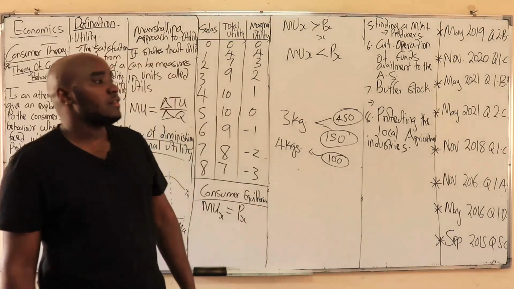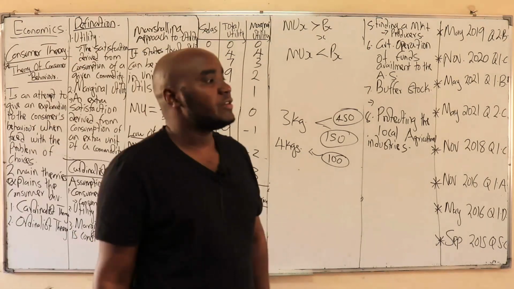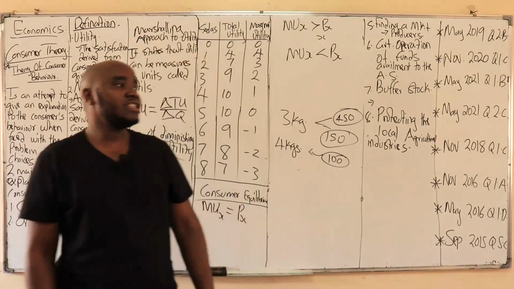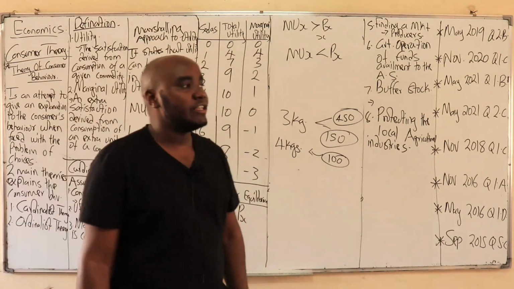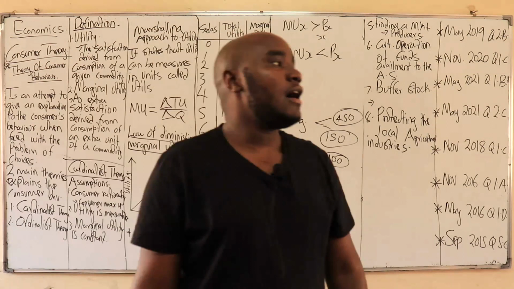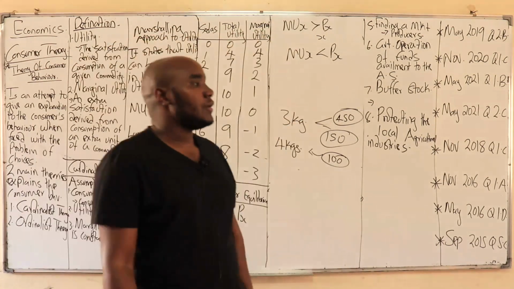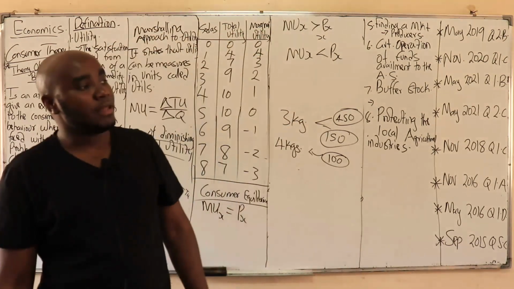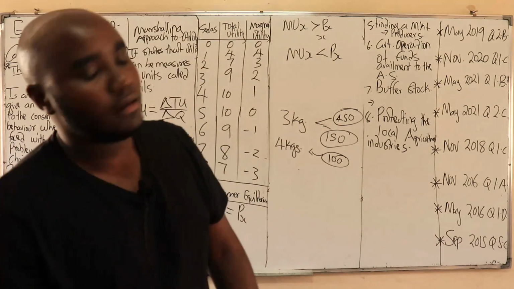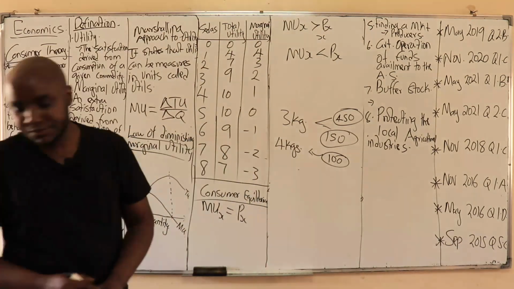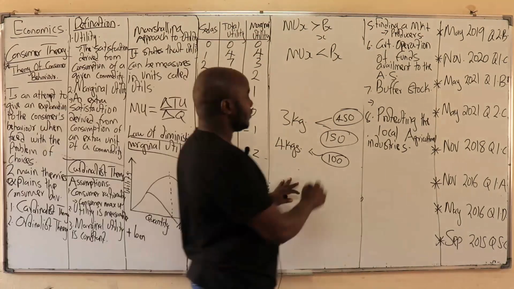The consumer will tend to increase his utility or satisfaction by reducing the amount to purchase of X, keeping his income.